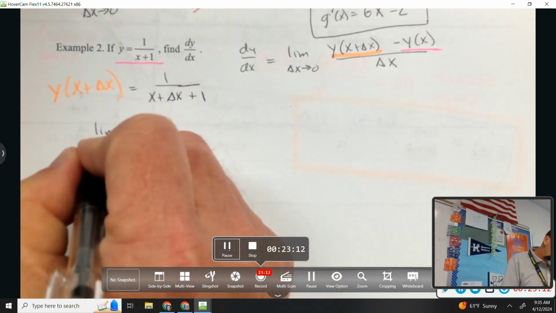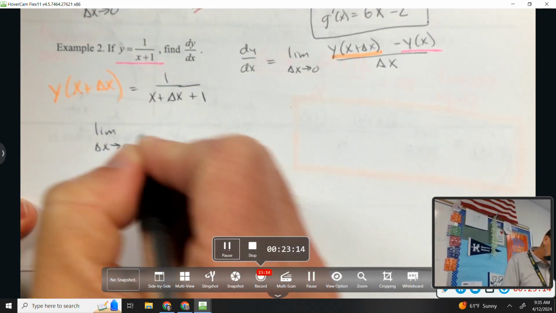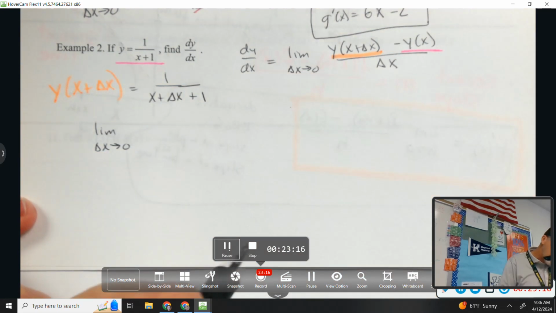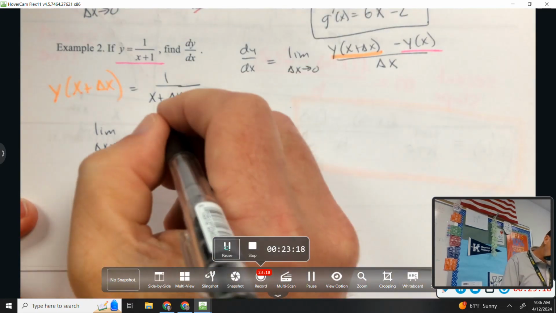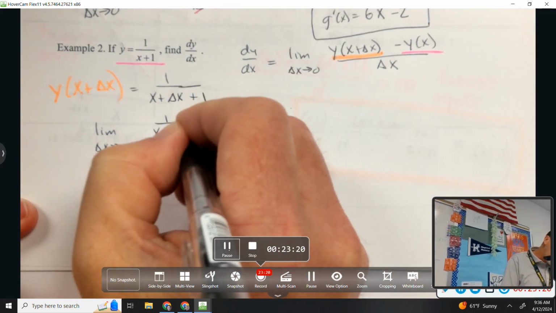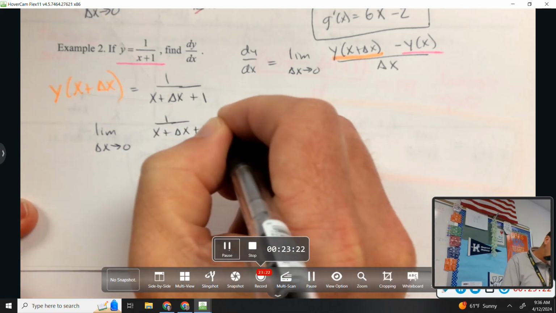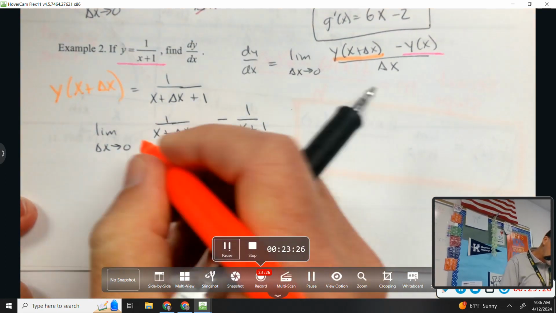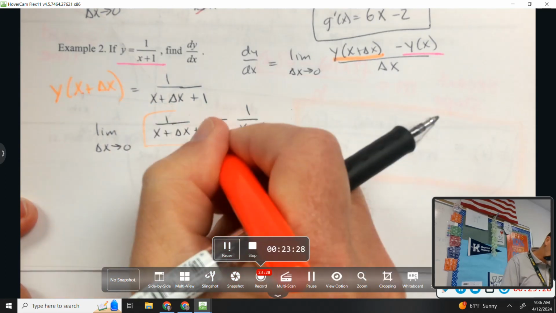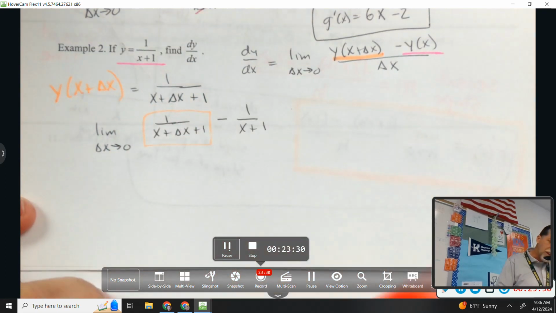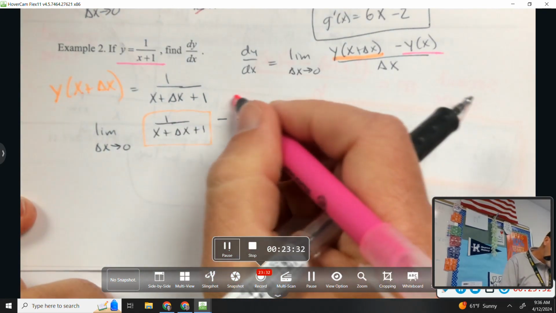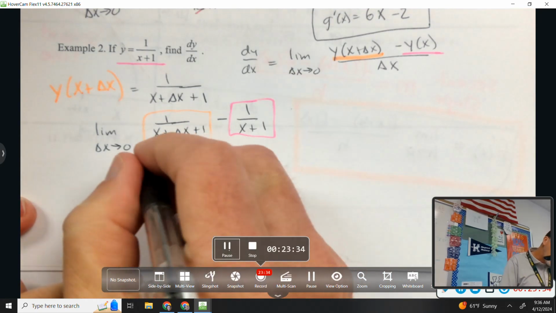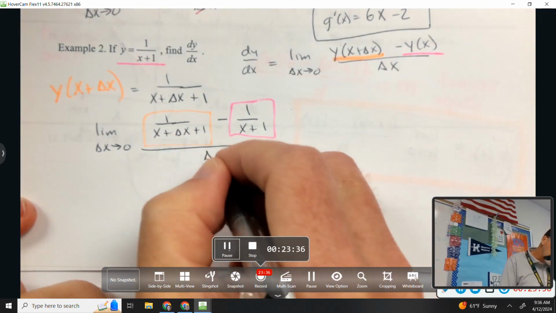So limit as delta x approaches 0 of the orange thing, 1 over x plus delta x plus 1, minus 1 over x plus 1. Keeping track of the color coding here. That's the orange thing minus the pink thing, all over delta x.